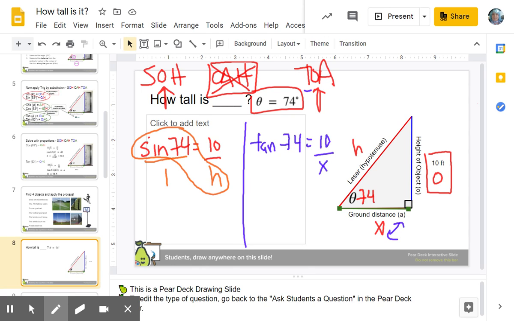Sine 74 times H. So H times sine of 74 equals 10. We got to get the H by itself. So we got to divide by the sine of 74. So H equals 10 divided by sine of 74.